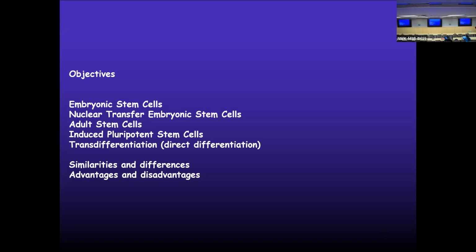All right, very, very important. Then we have adult stem cells with the whole variety of adult stem cells. We have induced pluripotent stem cells, a wonderful biological concept for which the scientists obtained the Nobel Prize. And I'll talk about this a little bit later, but to replace embryonic stem cells or to provide a new alternative to the embryonic stem cells.